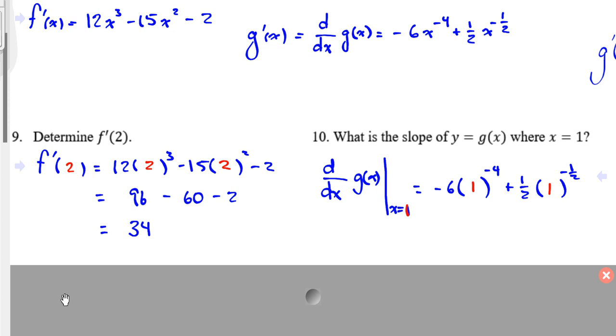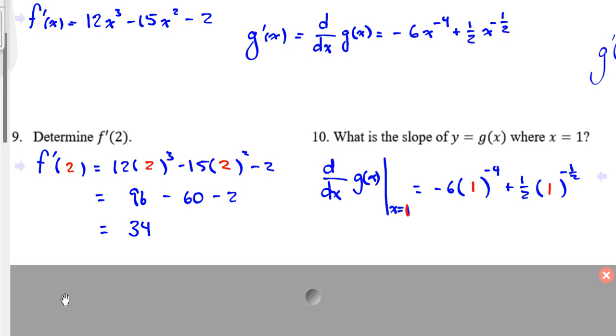For number 10, same idea, but again, I wanted you to see the kind of notation that's used with the dy dx. So I have the d dx of the function g of x, and then we do this line, and then say, oh, my x value is equal to 1. So then I'm just plugging in 1 in place of all the x's in the question from number 8.